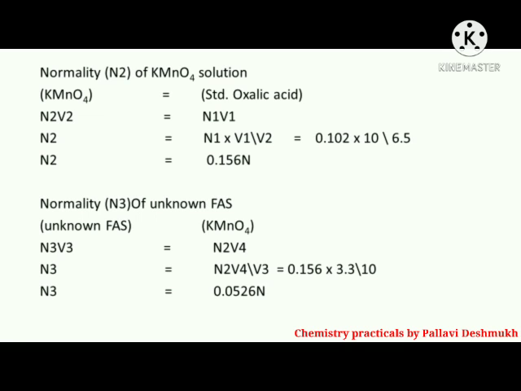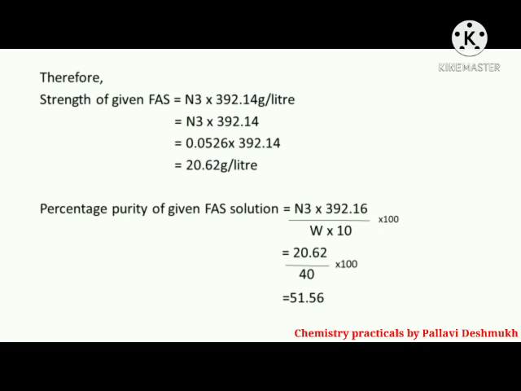And by putting the value of normality of KMnO4 solution, the normality of unknown ferrous ammonium sulfate solution was calculated, which is found to be 0.0526 normal. By calculating the normality of unknown ferrous ammonium sulfate solution, the strength of the given FAS solution can be calculated by using the simple formula, that is the normality of unknown FAS into its equivalent weight.